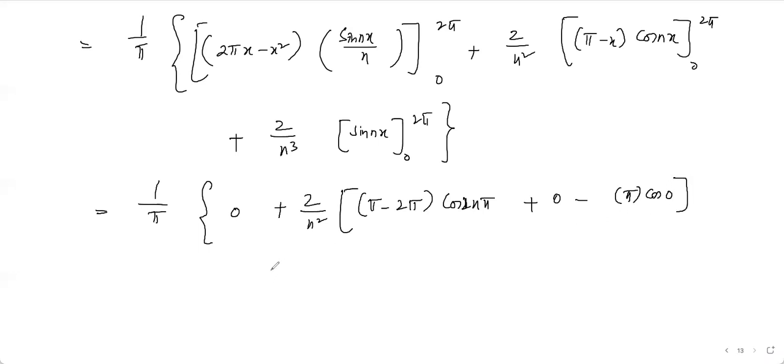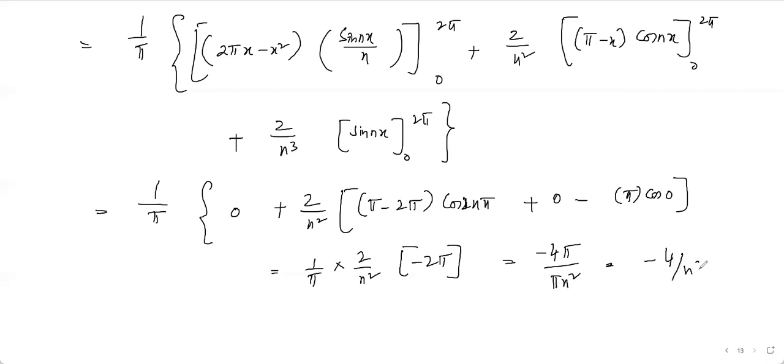So this would be 1 by pi multiplied by 2 by n square. This is minus 2 pi, right? So this is minus 4 pi by pi n square, which is minus 4 by n square. So we got an as minus 4 by n square.